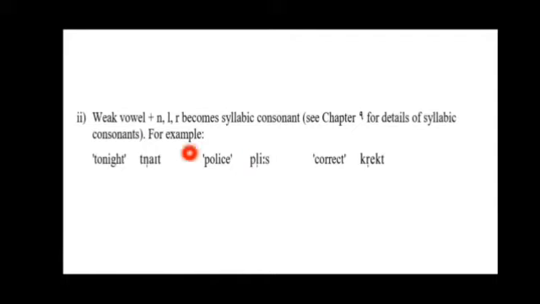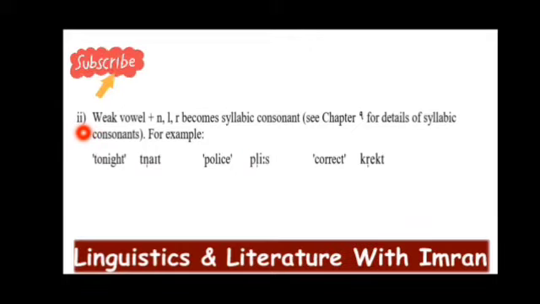Now the second possibility, or second rule: weak vowel plus n, l, r becomes a syllabic consonant. For example, here we have tonight, police and correct. In the word tonight, we have a weak vowel, and that is schwa.